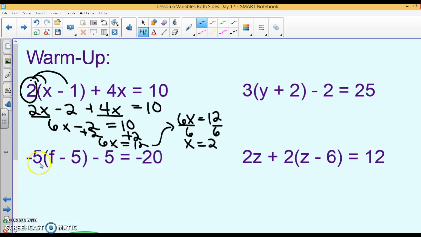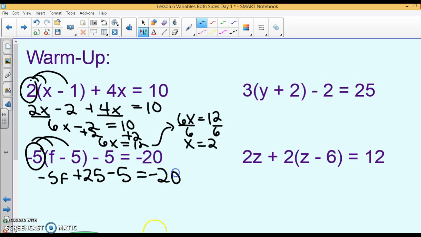On this one down here, I have negative 5 times the quantity f minus 5, minus 5 again equals negative 20. I'm going to take my negative 5, distribute it inside. I'll have negative 5f. Then I do negative 5 times negative 5 again. When I have 2 negatives, it makes it positive. So I'll have plus 25 minus 5 equals negative 20. I can combine my like terms, which in this case is my 25 and my negative 5.